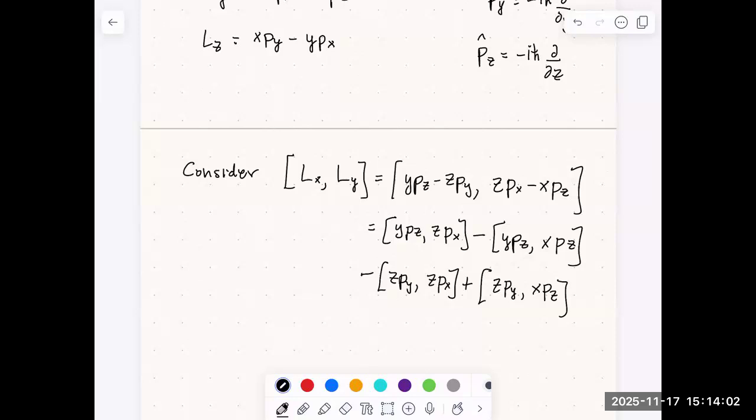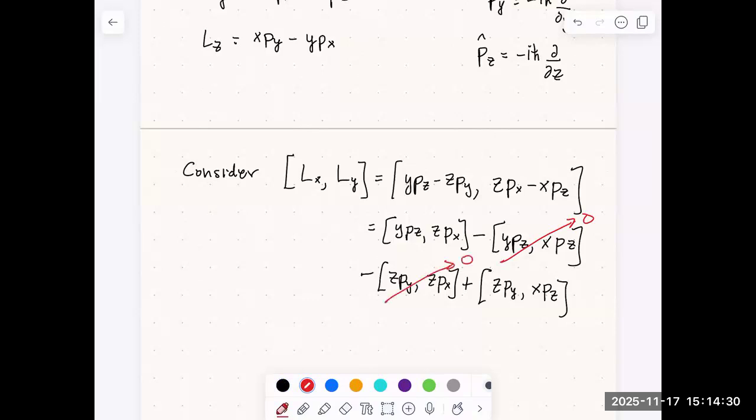So there's not going to be any issues with moving x or y before or after pz. So this one will vanish for sure. Any others? The third one. This is going to be a derivative with respect to y, this is going to be a derivative with respect to x, but this is z. There is no x or y in here, and so this will have no trouble.